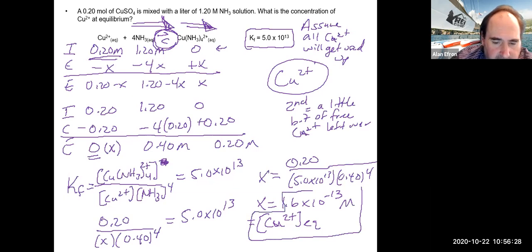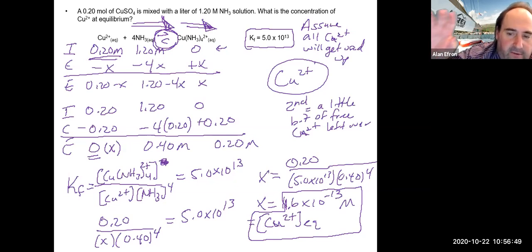And as we mentioned earlier, that 1.6 times 10 to the minus 13 would pretty much classify as a very small amount. So that is definitely a very small amount, and that does justify our assumption. Again, we're assuming that pretty much everything's going to the product side and all the copper is getting used up. But we do have a very, very super small amount of free copper still in there.